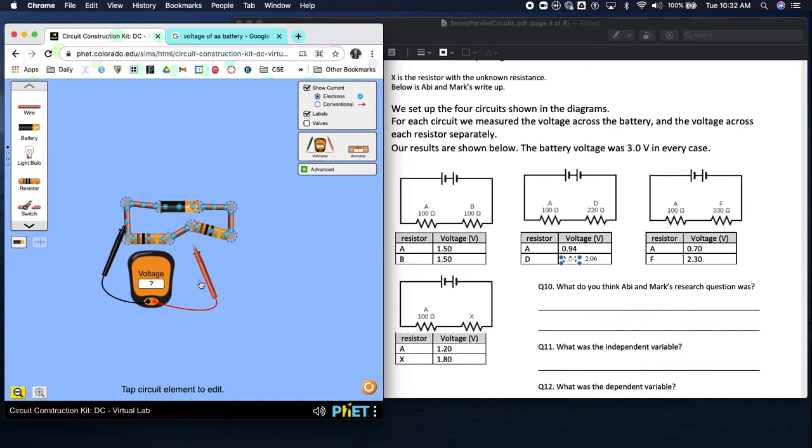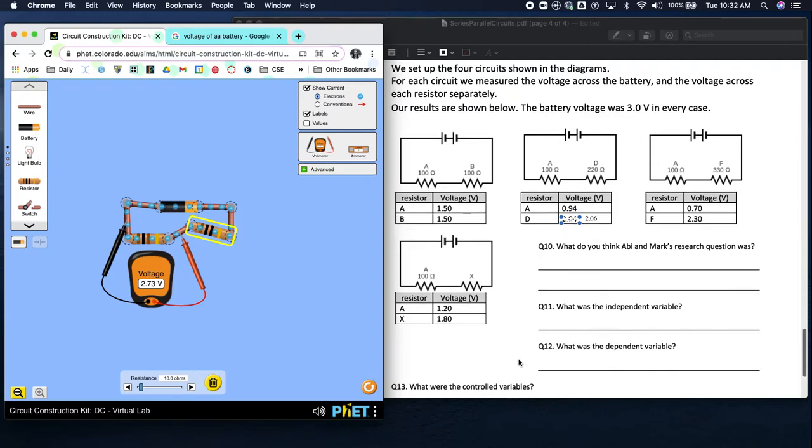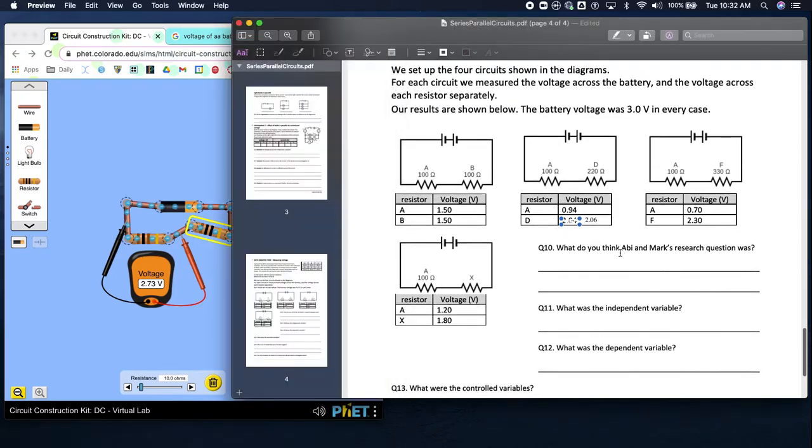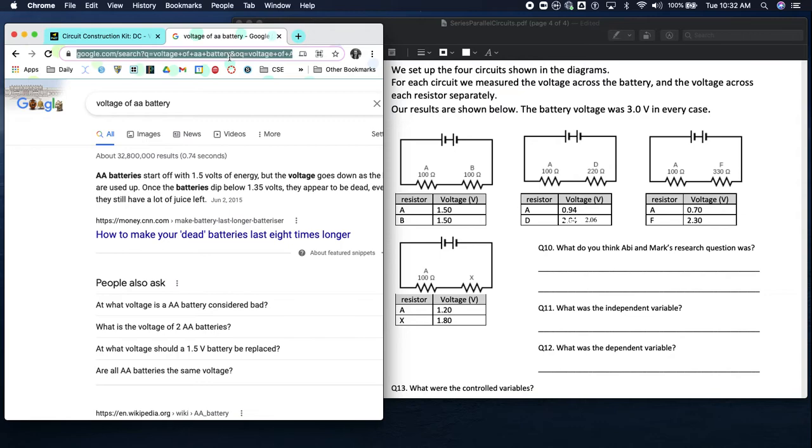Okay, total volts is 3. Resistor A, well, we don't know what this resistor is, so we can't actually do that. I'm realizing. Okay, so what do you think Abby and Mark's research question was? Now, we're using the scientific method here, okay?